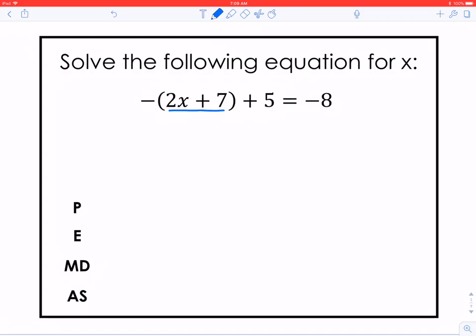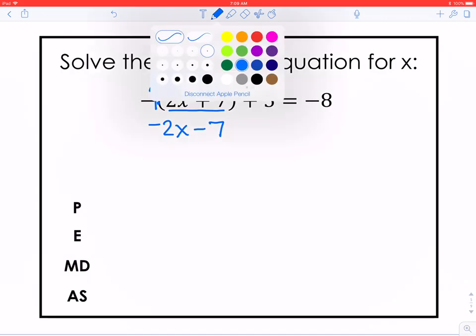That is technically an invisible negative 1. And sitting side by side means multiply. So we need to distribute that negative 1, multiply by negative 1, both terms inside the parentheses set. So negative 1 times 2x would be a negative 2x. Negative 1 times 7 would be a negative 7.